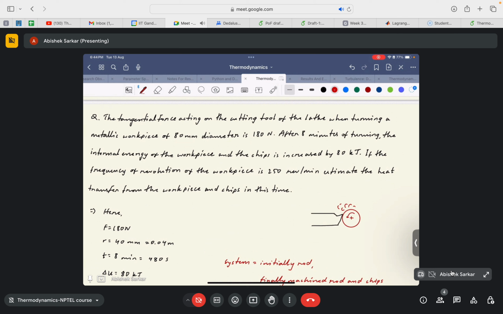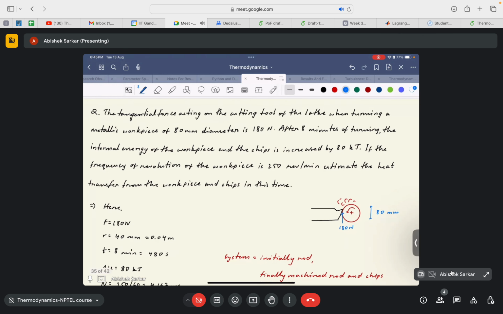What the question says is that the diameter of this metallic piece is 80 millimeter, and the tangential force that acts on this workpiece is 180 Newton. So it's very simple now.